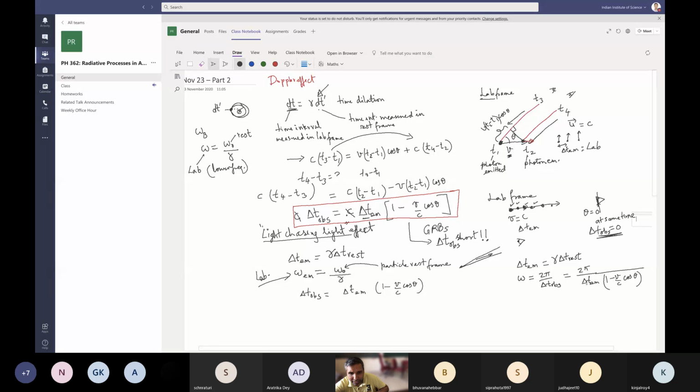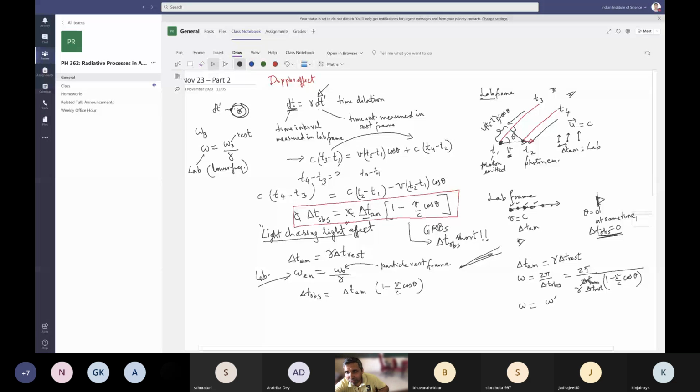Okay, and we know that 2 pi by delta Tm is nothing but delta T rest times gamma, right? Delta T rest is the time interval in the rest frame, and this is because of time dilation. So what do we have? 2 pi by delta T rest. So omega is equal to 2 pi divided by delta T rest, which is omega prime. Right? This is the frequency.